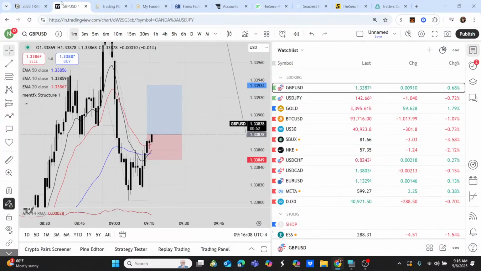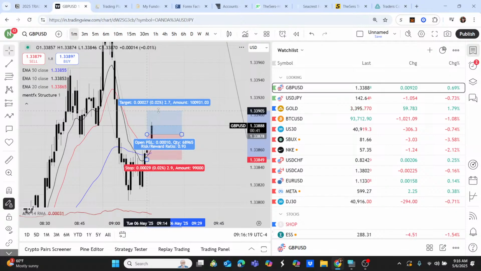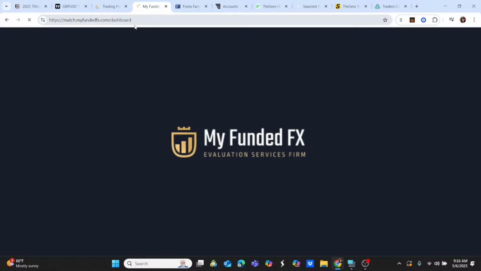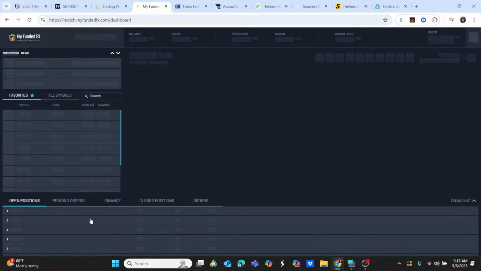Oh, I got tagged in immediately. So I got this trade right here for my challenge trade. So we're gonna see what it does. I need a 1-to-1 break even or a fractal structure. On my funded FX right here, I gotta set a TP target.